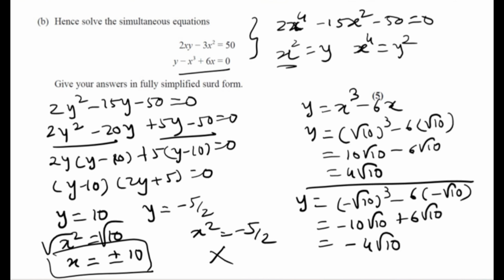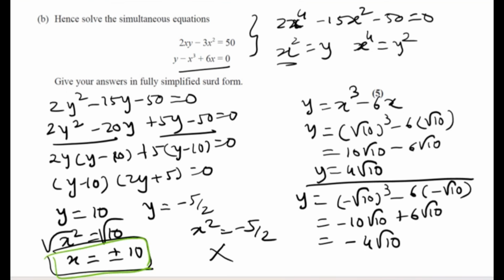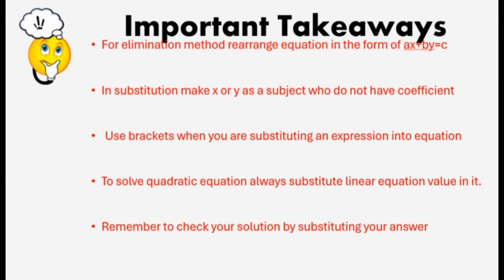So these are the two values of y we are getting. So for x we are getting plus or minus root 10, and when you substitute, you are getting y is equal to plus 4 root 10 and y is equal to minus 4 root 10.